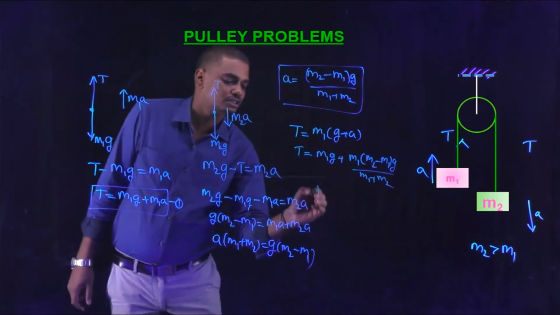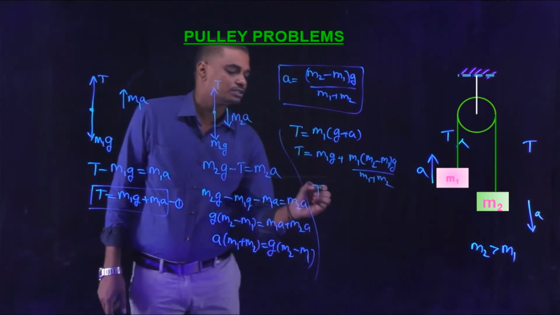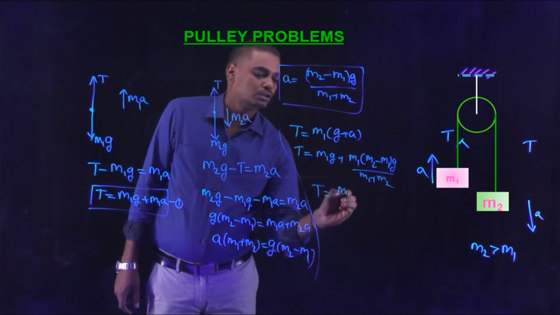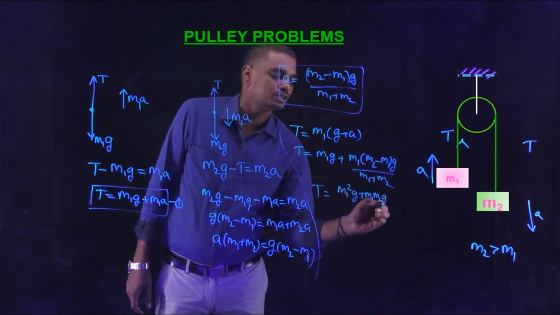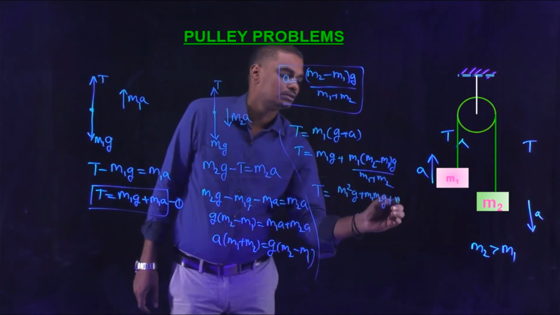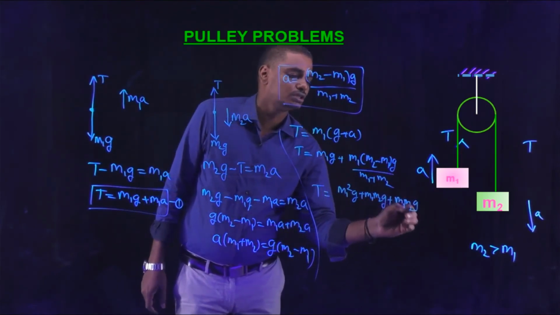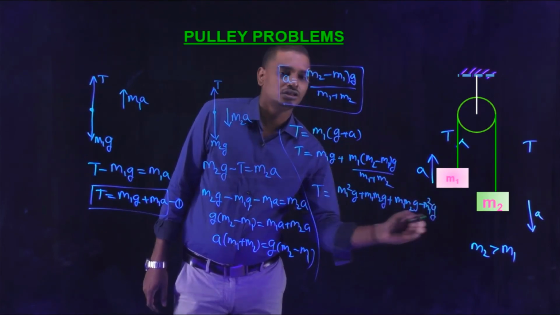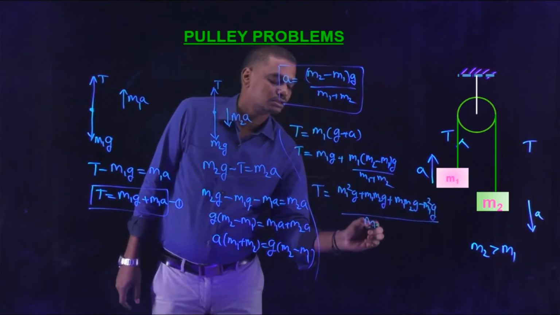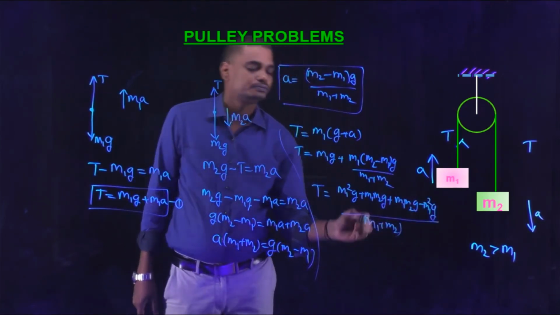By taking LCM or simplifying the equation, T is equal to M1 square G plus M1 M2 G plus M1 M2 G minus M1 square G divided by (M1 plus M2).